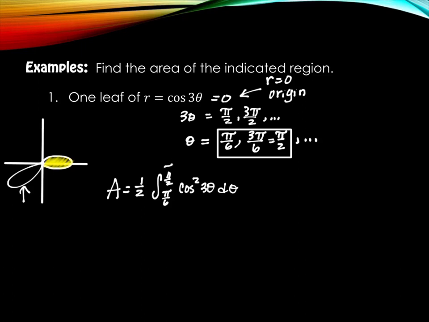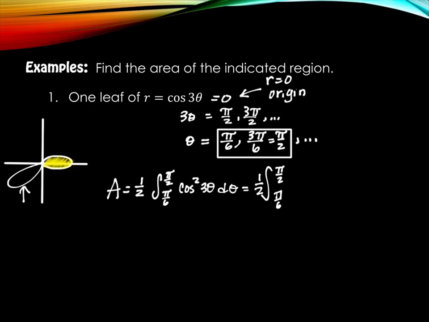So let me shift this down so I have a little bit more space to work. If you take a look at the trig table, I'm going to keep the 1/2 in front, and I still have pi over 6 to pi over 2. That's not changing.